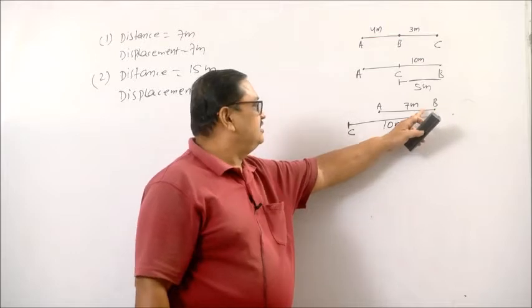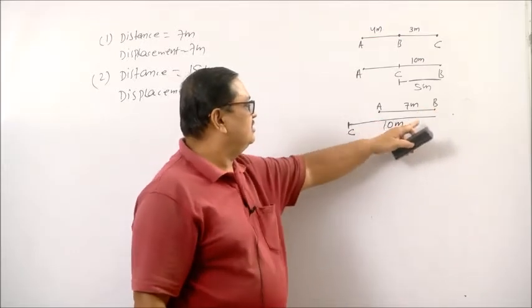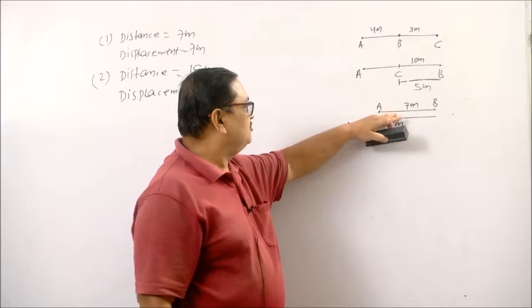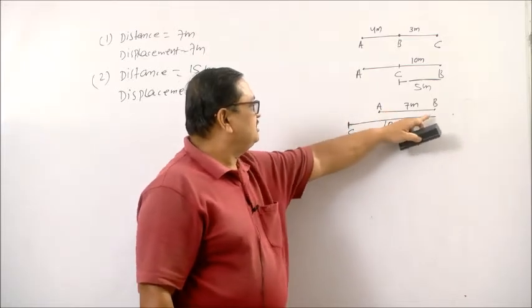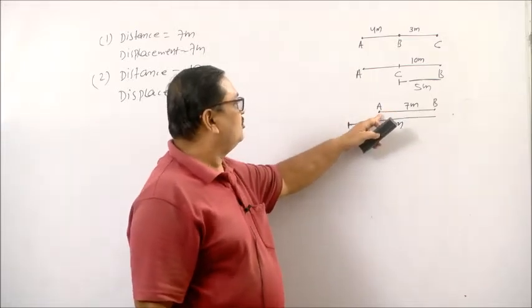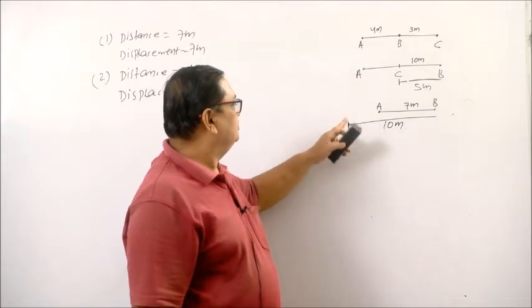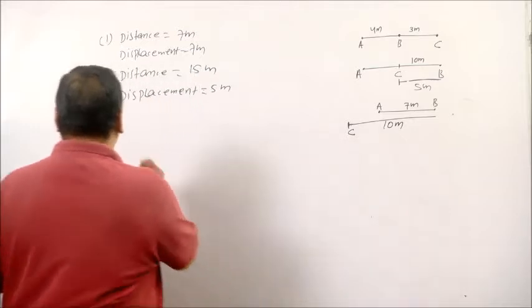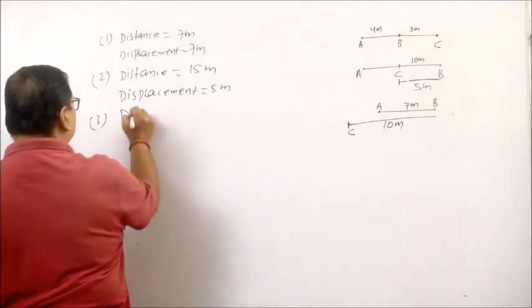Then again in the same straight line it is returning. I have just shown it at the below of the line AB. It is in the same line, but crossing point A, it is coming to point C. Total is 10 meter.